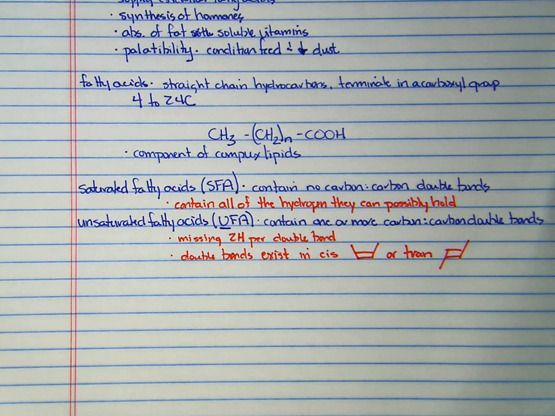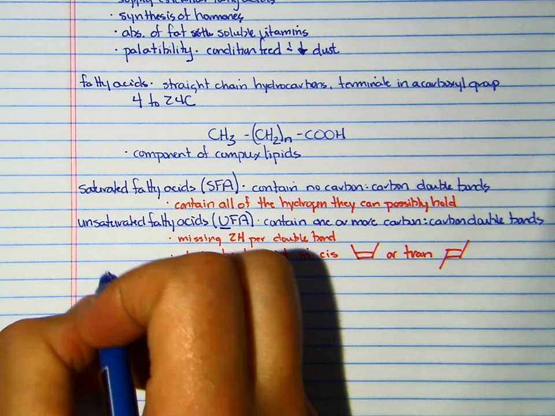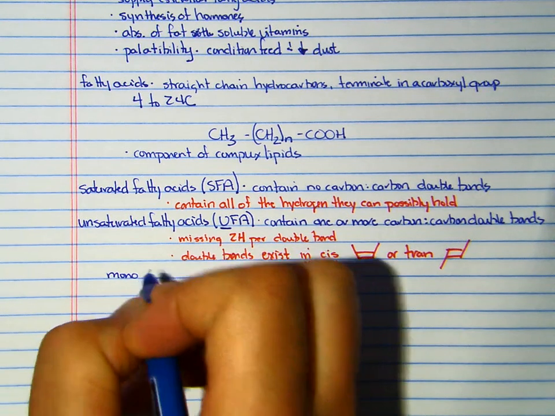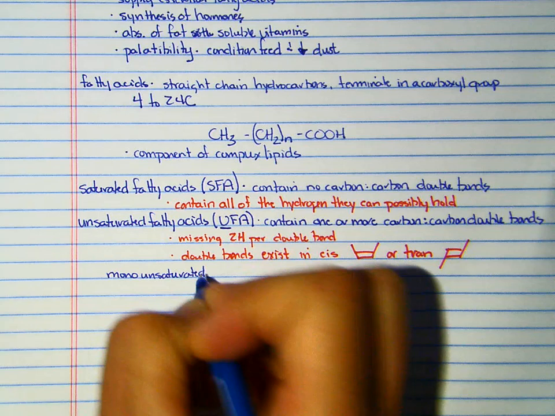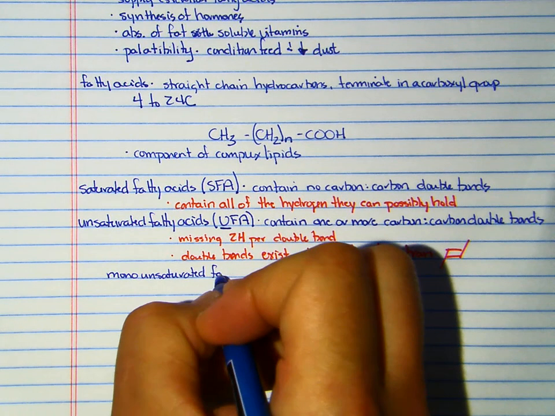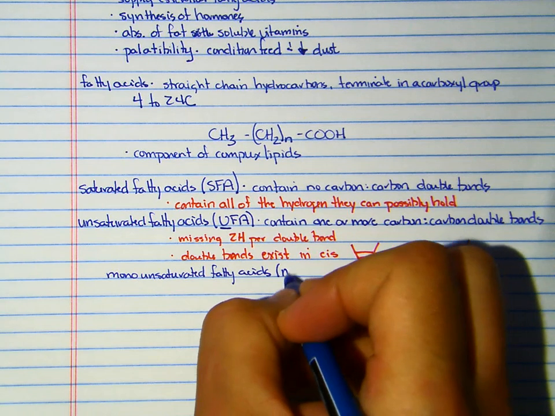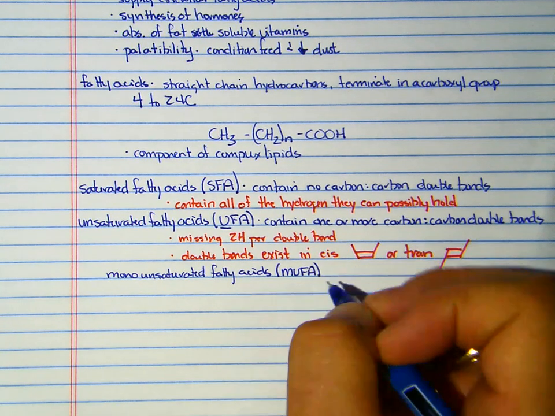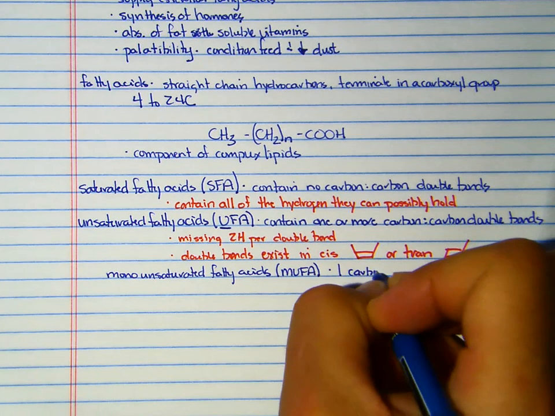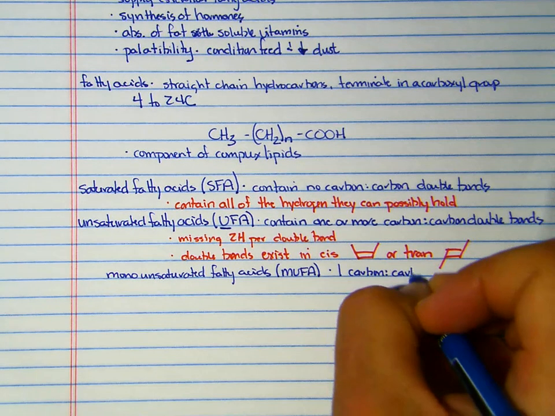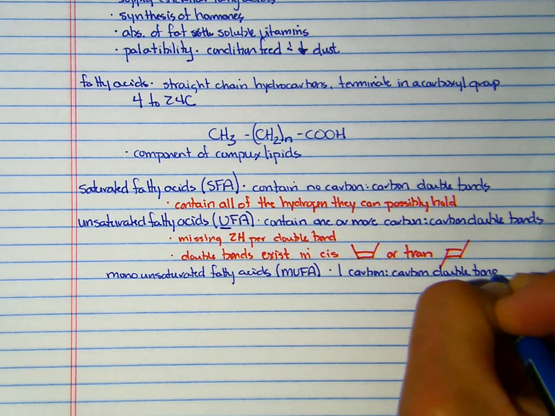Okay, within unsaturated fatty acids, there are two types. There is monounsaturated fatty acids, which would be MUFA, and they contain one carbon to carbon double bond.